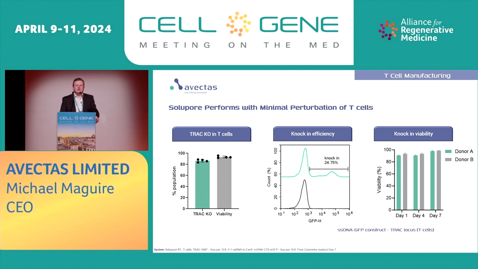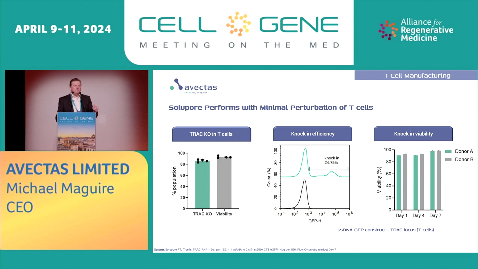So switching gears here and speaking to the second application, which is T-cell manufacturing. We're looking in this slide at 3 panels. First of all, knocking out the TRAC locus in human primary T cells, knocking in a marker GFP integration gene with high efficiency, and then overall through that knockout and knock-in, looking at the viability over 2 donors here.